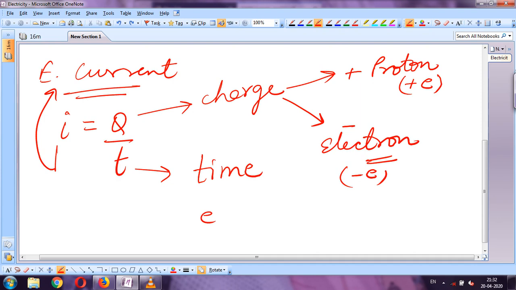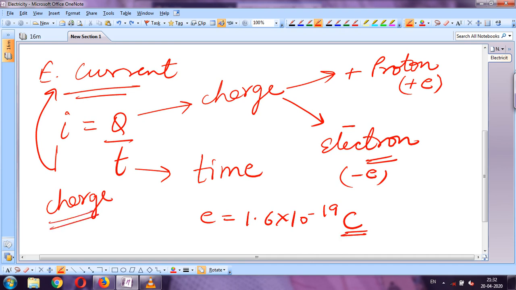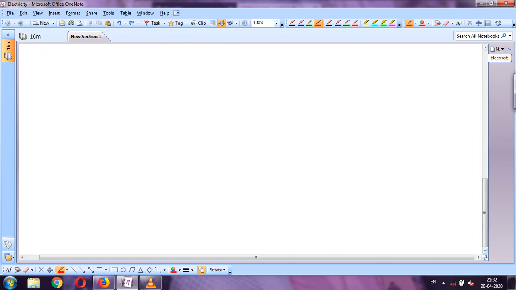E is the magnitude of one fundamental charge particle, 1.6 into 10 to the power minus 19 C. This C is the unit of charge, and it is coulomb. Its symbol is capital C.